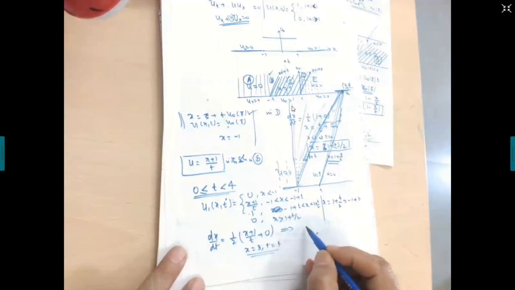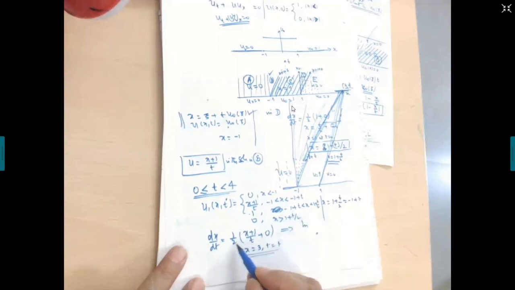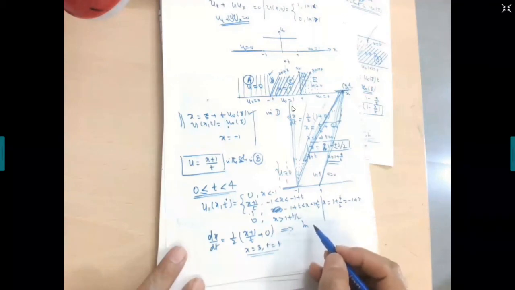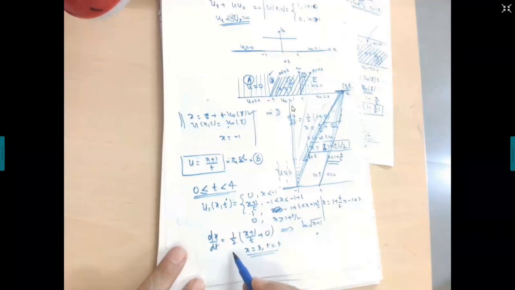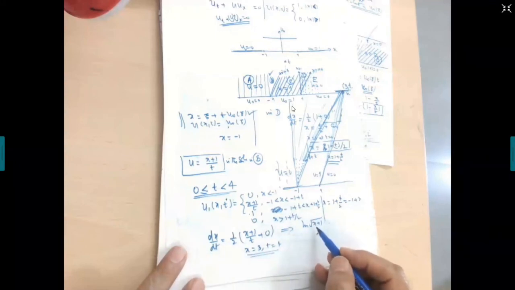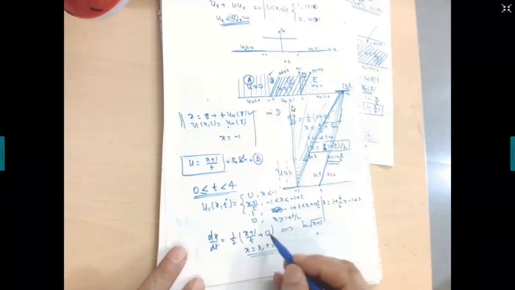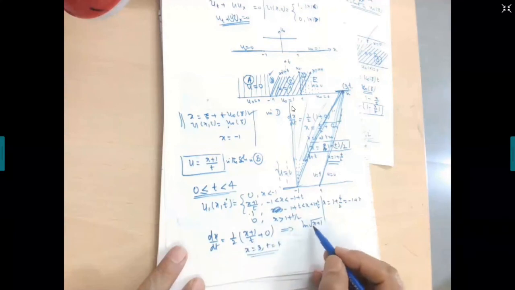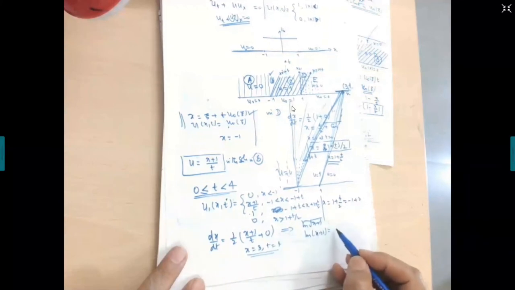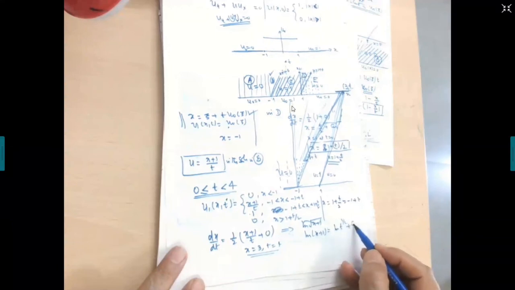So can you tell me, now dx, this is an ordinary differential equation. What do you get? dx upon x plus 1, or x plus 1 whole square, what do you get? So ln of x plus 1 is equal to ln of t to the power half plus some constant. Am I right?